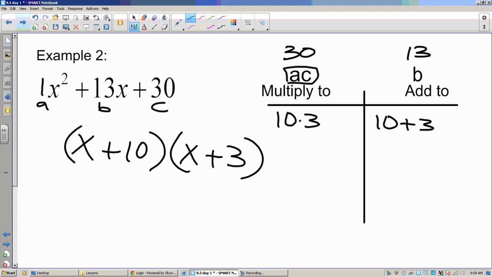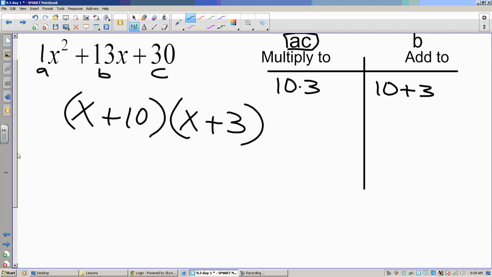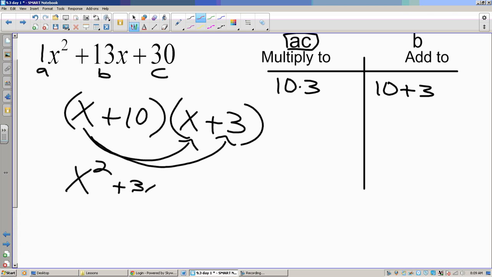If I multiply this out, just like we have been, using FOIL, x times x is x squared, x times 3 is 3x. And this is the adding part. 10 times x is 10x.